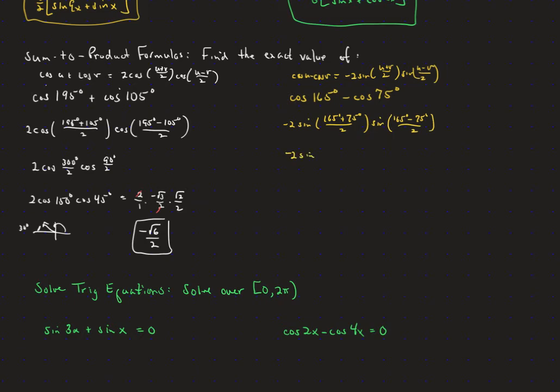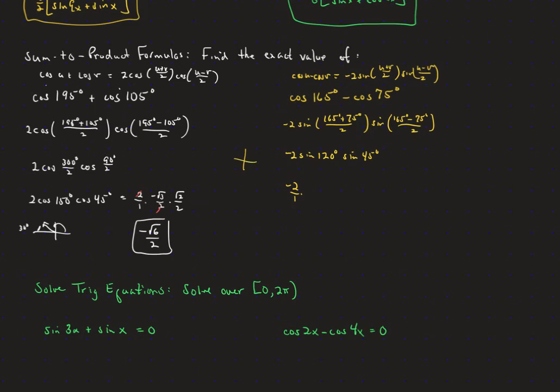So let's see, 165 plus 75 is 240. 240 divided by 2 is 120. And 165 minus 75 is going to be 90. 90 divided by 2 is 45. So that's going to be a negative 2.